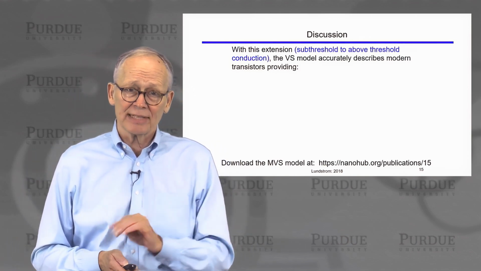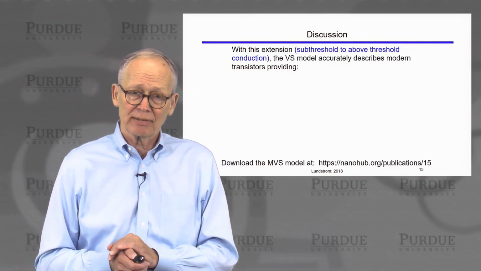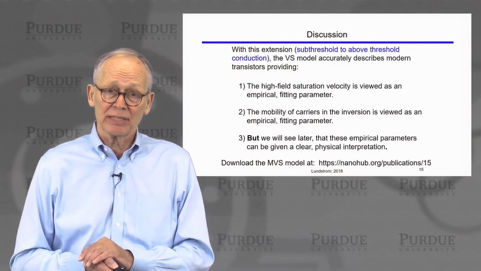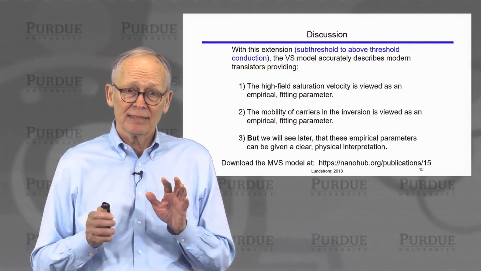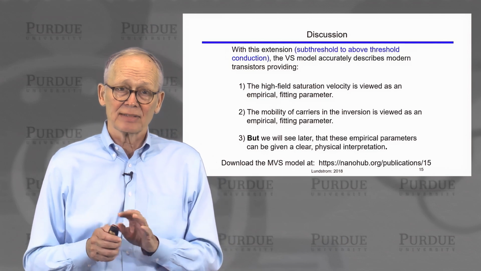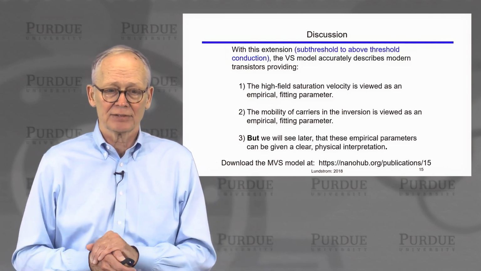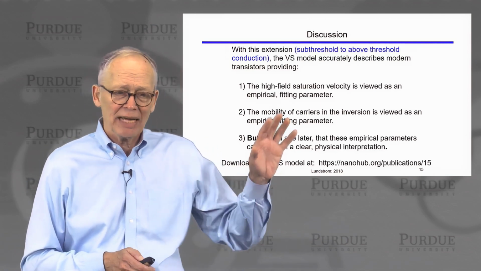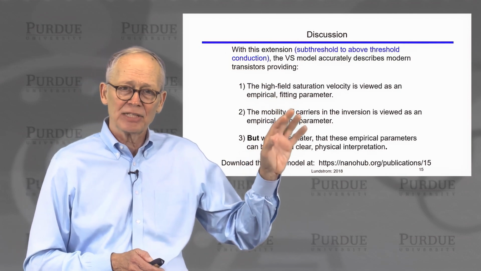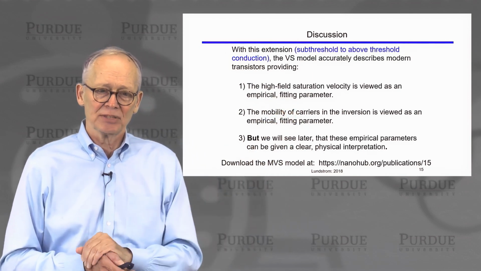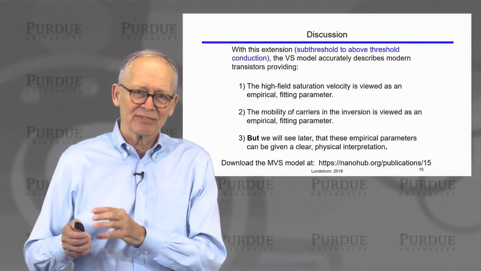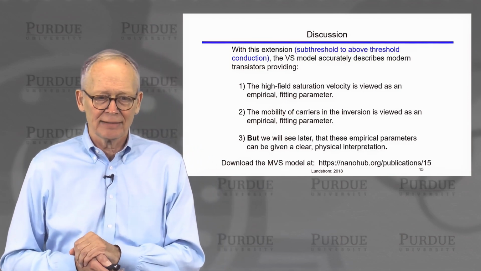Okay, so with this extension, the virtual source model actually does a remarkably good job of fitting the measured IV characteristics of modern, very short channel transistors. However, we have to view the high field saturation velocity, the VSAT term in this model, as an empirical fitting parameter that we adjust to fit the data.